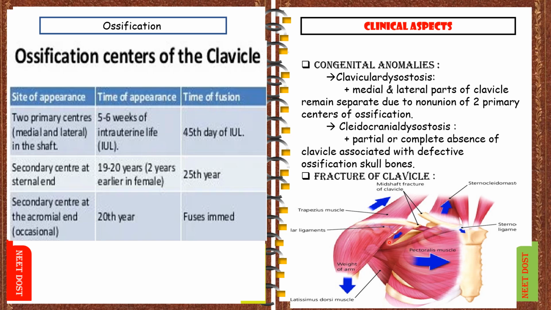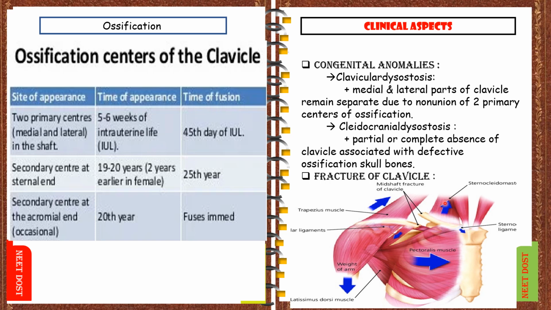In addition, the lateral fragment is drawn medially by shoulder adductors like teres major, which will be discussed later, and the medial fragment is slightly elevated by the sternocleidomastoid muscle.